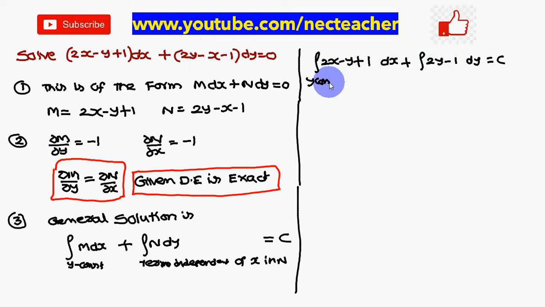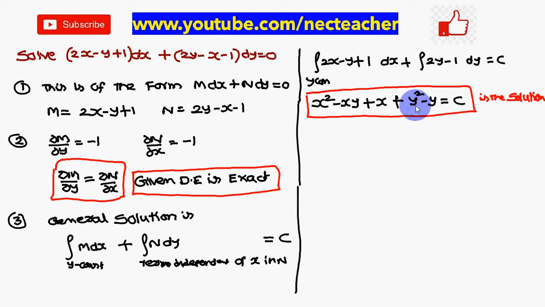The integration of 2x is x square, and treating y as constant, y integral of 1 is x, so minus yx. Similarly, 2 into y square by 2 is y square, minus y, is equal to c. This is the way to find the solution for an exact differential equation.